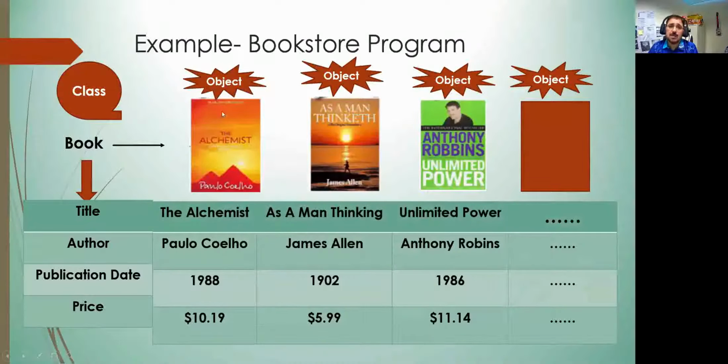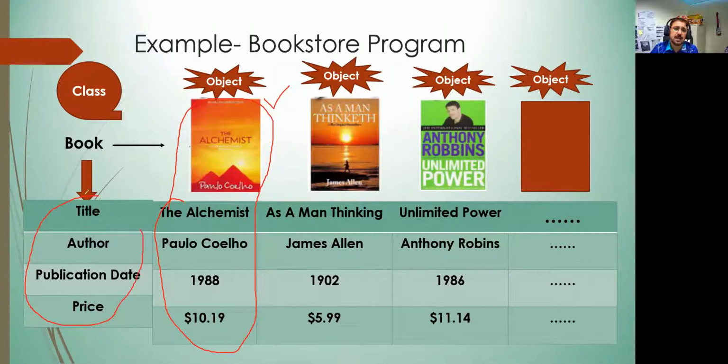Now you see, each column here is an object. Let's suppose this column represents this book, and this book is an object, and actually this book is a real world example of this general concept.